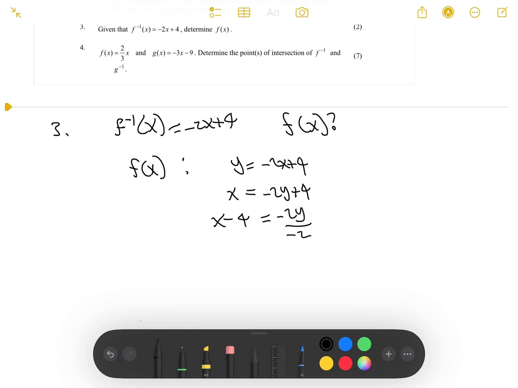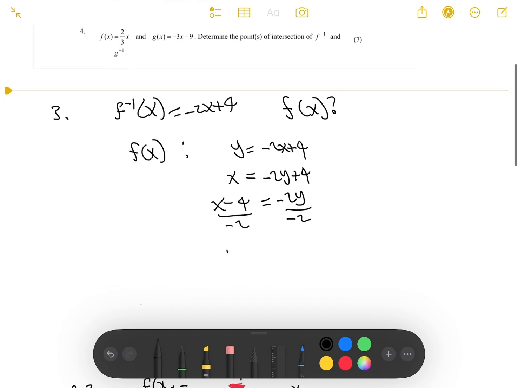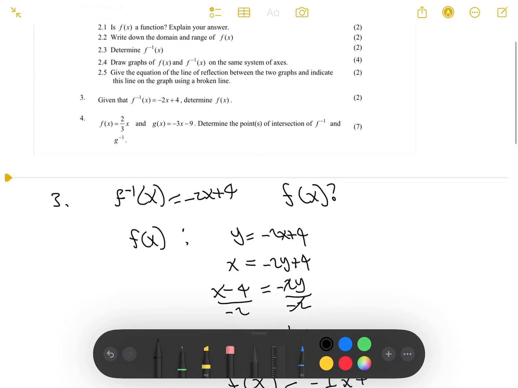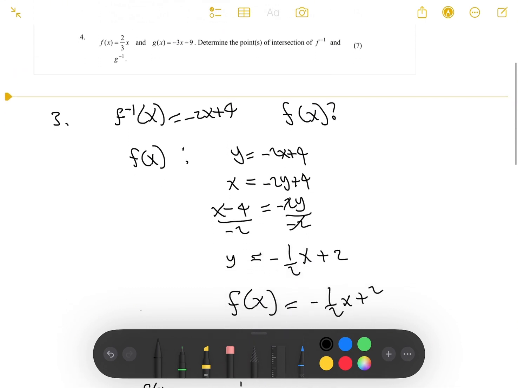Divide by -2 and then divide by -2. Therefore, y is equals to -1/2x plus 2, right? So basically f of x is equals to -1/2x plus 2. Okay, I hope that made some sense.